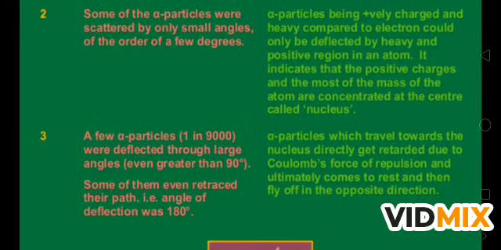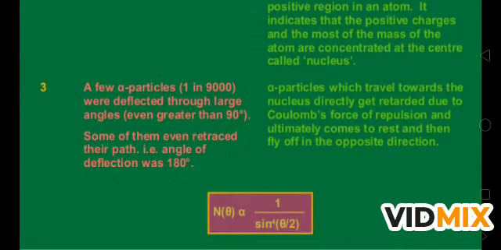The third observation: a few alpha particles, 1 in 9,000, were deflected through large angles, even greater than 90 degrees. Some of them even retraced their path, that is, the angle of deflection was 180 degrees. What is the conclusion of this observation? The alpha particle which travels towards the nucleus directly gets retarded due to Coulomb's force of repulsion, and ultimately comes to rest and then flies off in the opposite direction.